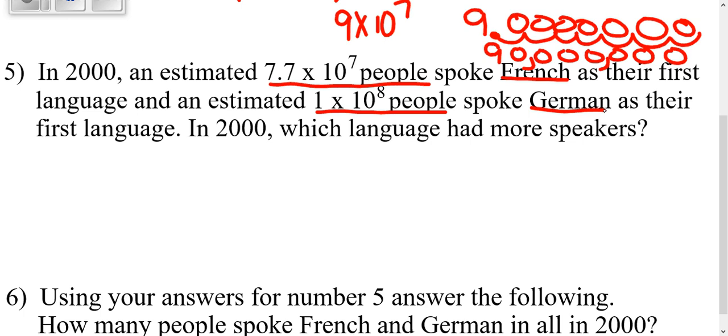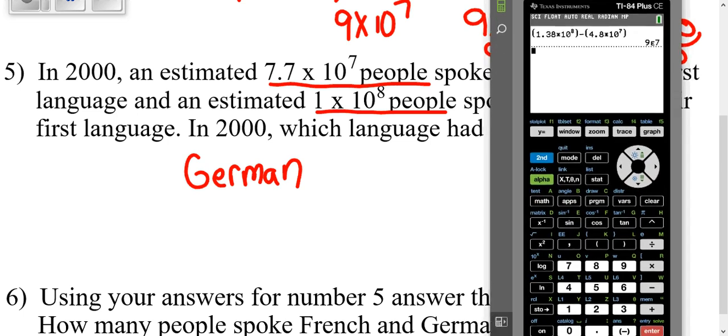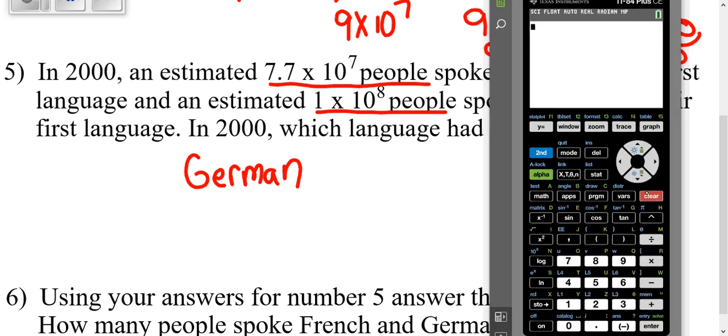So I'm just looking. All right, so 7.7 times 10 to the 7th and 1 times 10 to the 8th, I would say that German, more people spoke German. But if you are confused, guess what you have at your disposal here.